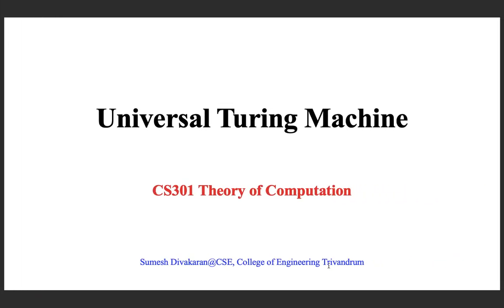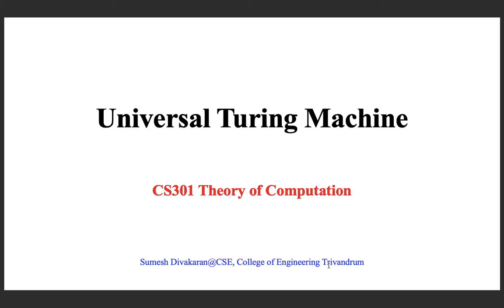It takes another Turing machine M like a program, and an input to M. The Universal Turing Machine will run M on M's input and produce the output of running M on its input. So this is what we are going to discuss today, and we will see in detail what the Universal Turing Machine is and what its importance is.